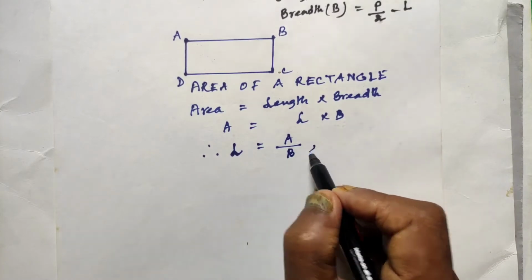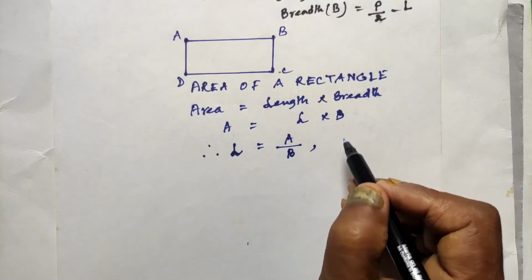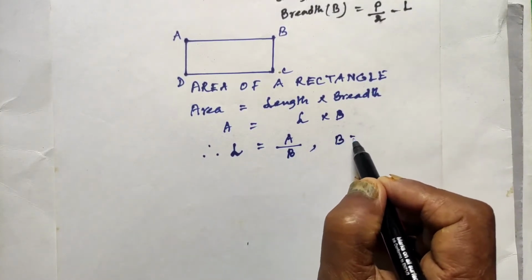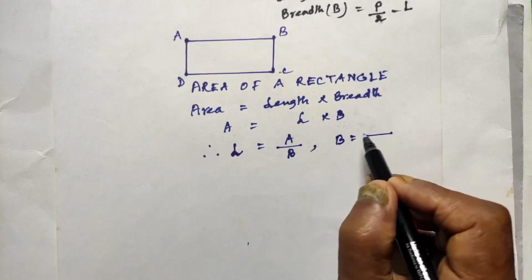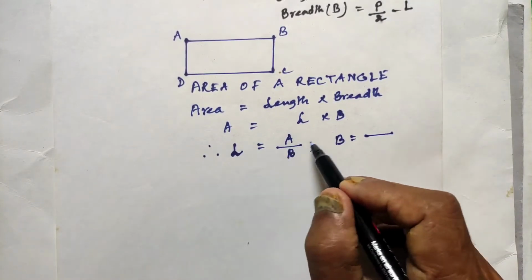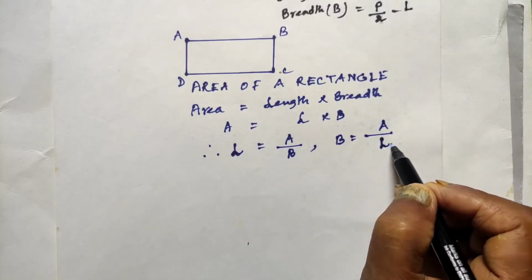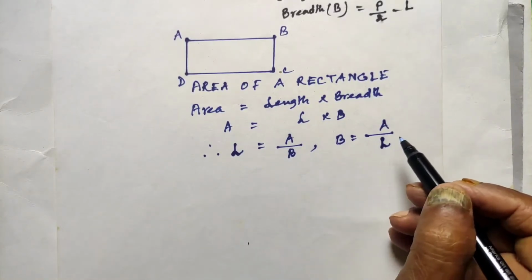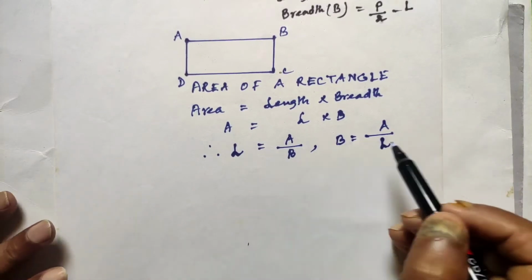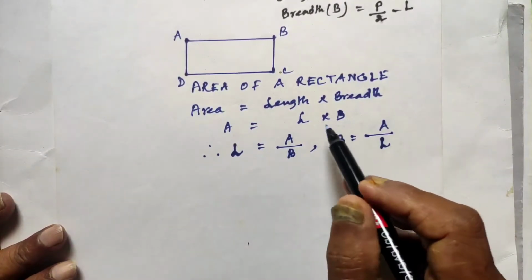Again, when we want to find the breadth from the area, it is area by length. So these are the two very important formulas in finding the length and breadth from the area.